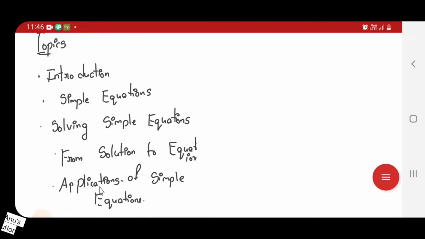These are the 5 topics we will discuss in this chapter, chapter 3, simple equations. Next, we will get to the introduction part. Let us start.